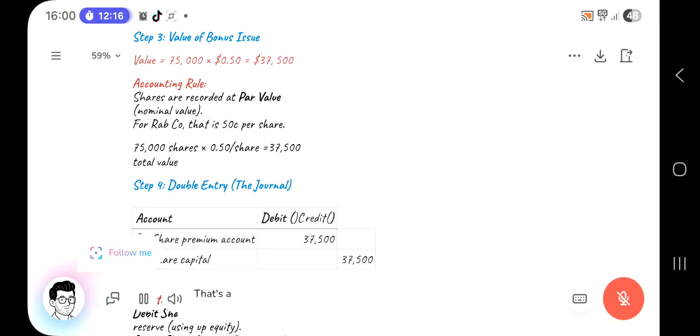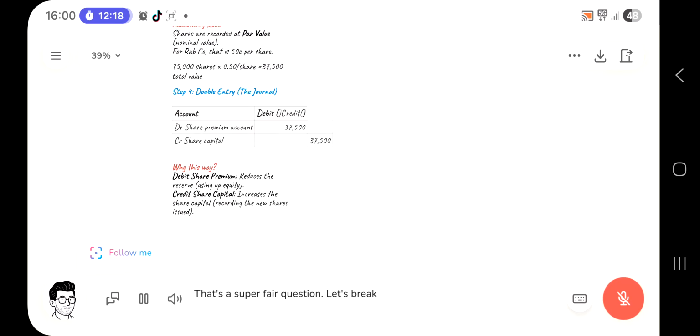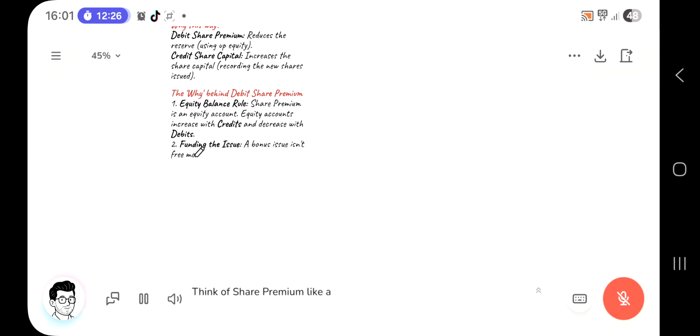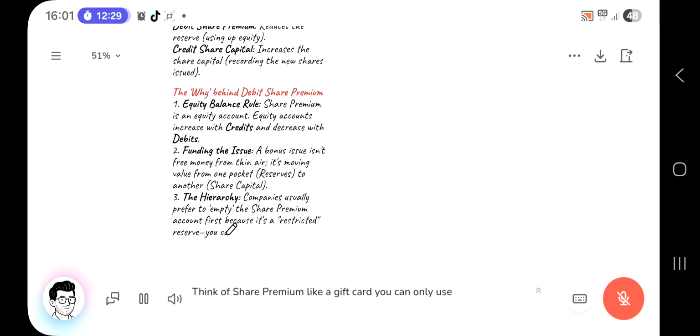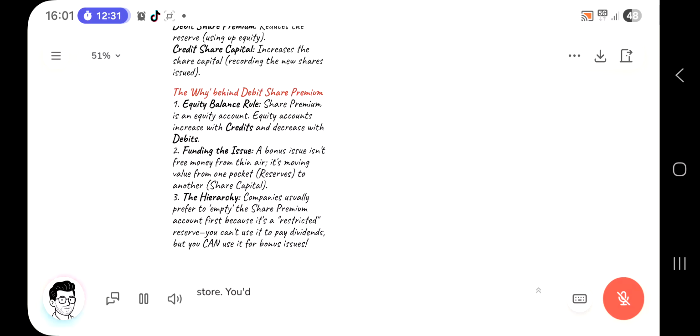That's a super fair question. Let's break down the logic of why we use share premium specifically. Think of share premium like a gift card you can only use at one specific store. You'd rather spend that restricted gift card balance to buy your new shares than use your retained earnings, which is like cold hard cash you could have used for anything, like paying out dividends to shareholders.